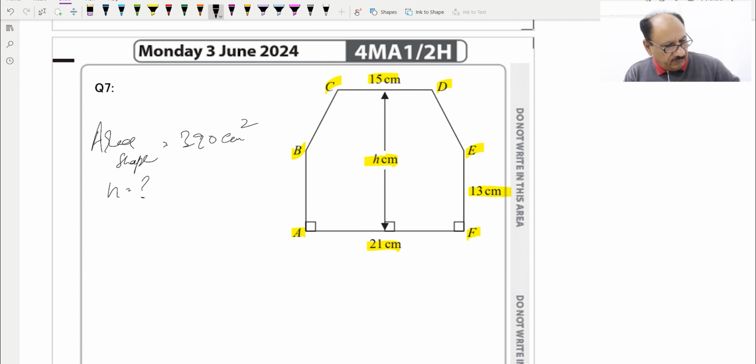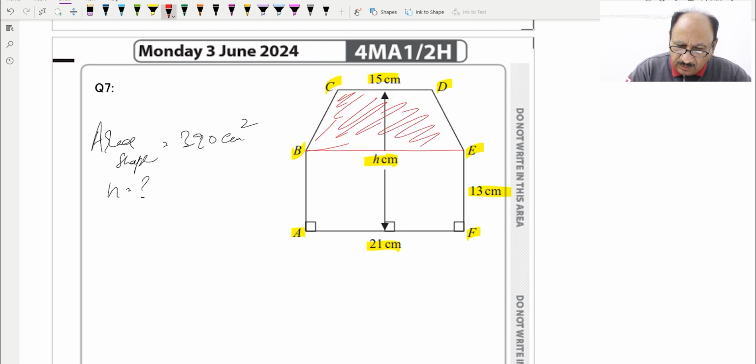So we will be splitting this given shape into 2 portions. One portion will be this, which is trapezium, and the other portion will be the rectangular portion, this one.